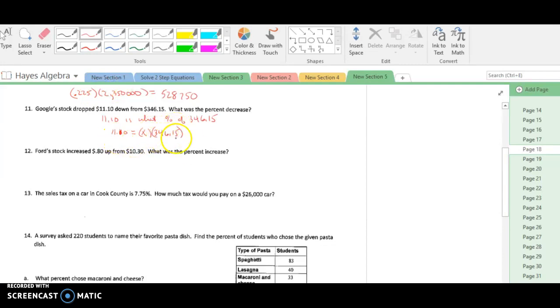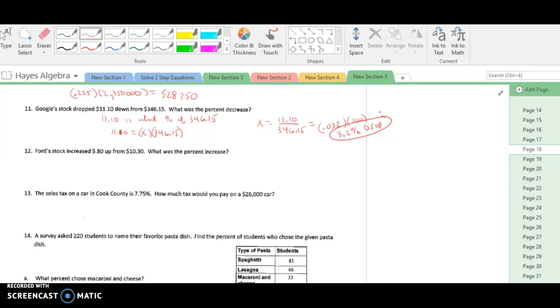Pretty soon you'll get pretty good at this and know right away, all you're going to do is take that 11.10 and divide it by the 346.15. So 11.10 divided by 346.15, and you get 0.032. And I have to multiply that by 100 because I'm looking for the percent. So it's about a 3.2% drop. All right.